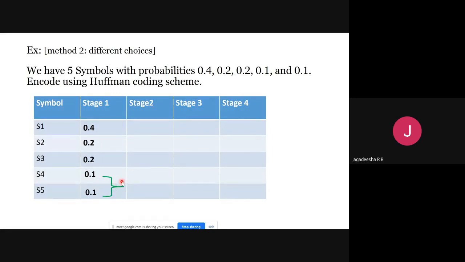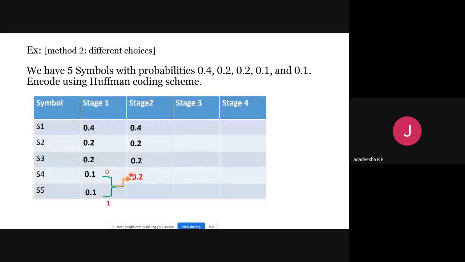So in the previous method of solving, we placed this newly generated 0.2 at the top here. But now we will not do that. We will place it here in the sorted list. So your 0.4 is here, this 0.2 is here, this is here, and the newly generated one is at the bottom of the list. Again, it is in the sorted order.